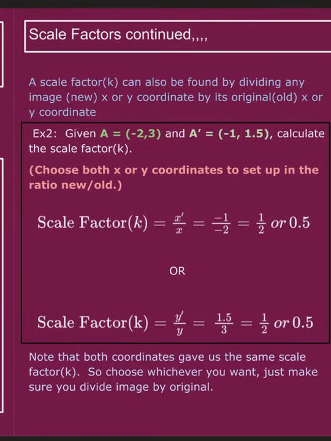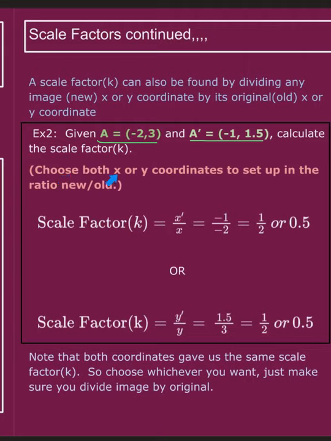A scale factor can also be found by dividing any image's new x or y coordinate by its original old x or y coordinate. So we are given A at point (-2, 3) and its new point A prime at (-1, 1.5). We're going to calculate the scale factor k.